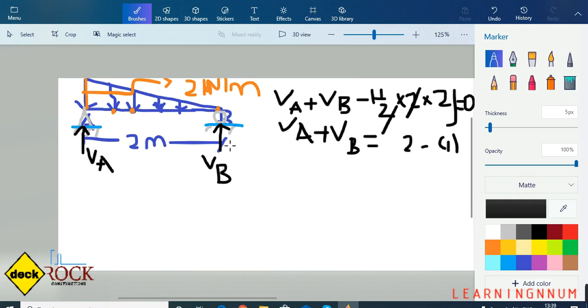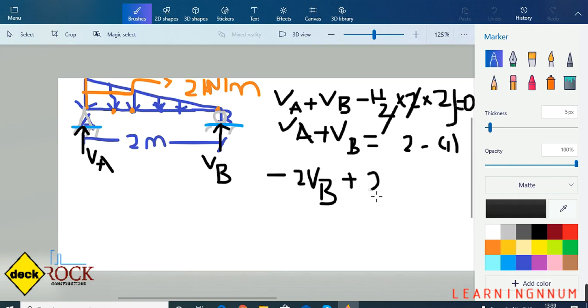Now due to this VB we would have an anti-clockwise moment, so minus 2 VB, right? Yes, sir. And due to this UVL loading we would have a clockwise moment, so plus, how much is the total loading we considered? 2 kilonewtons.